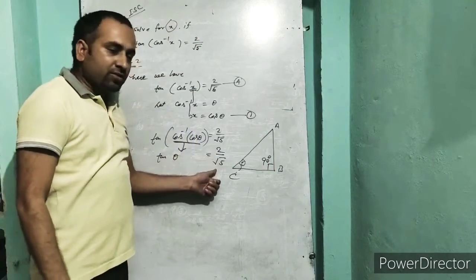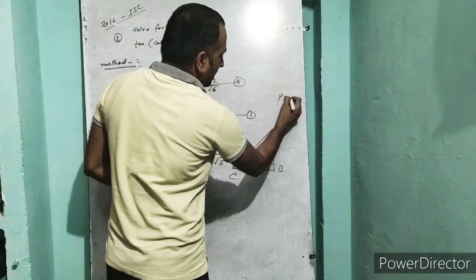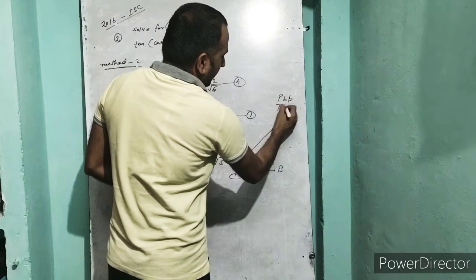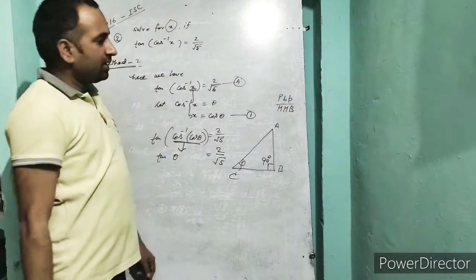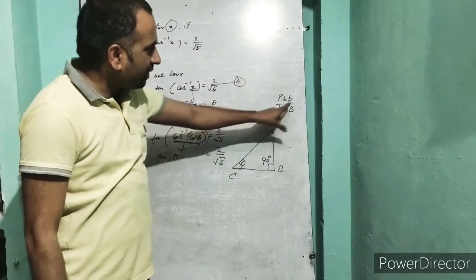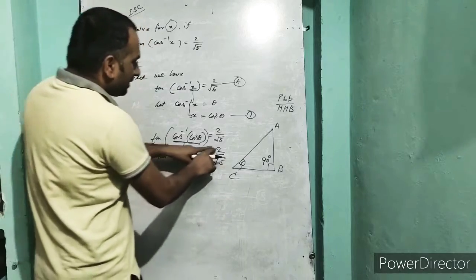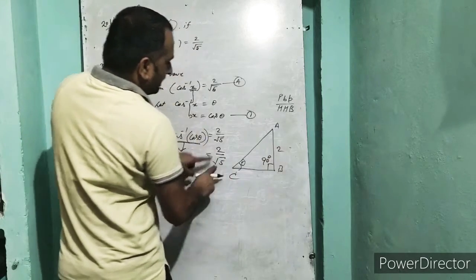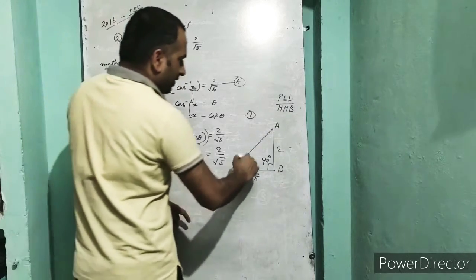Tan theta is 2 upon root 5. Tan theta is P upon B, perpendicular upon base. Perpendicular is 2, and base is root 5.